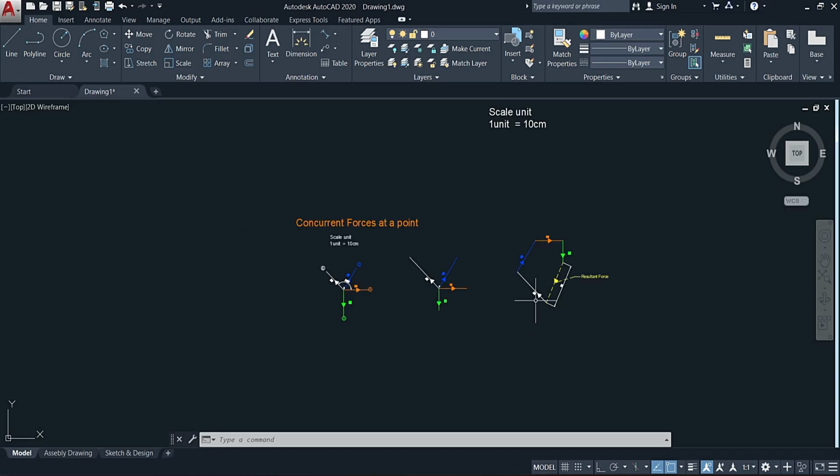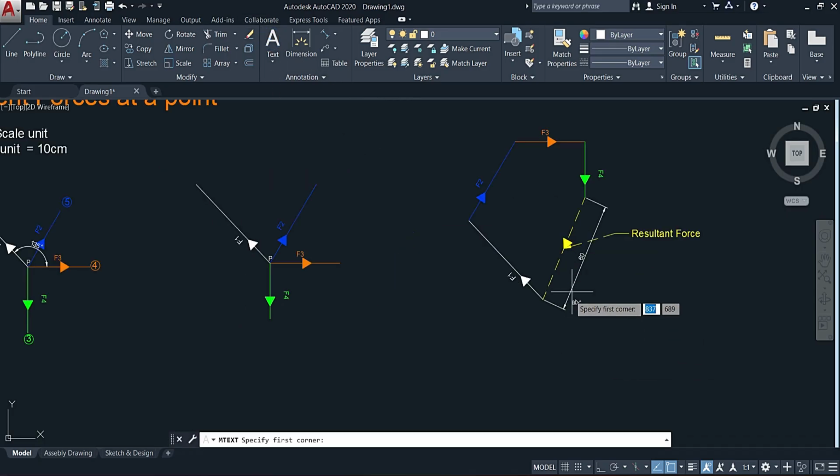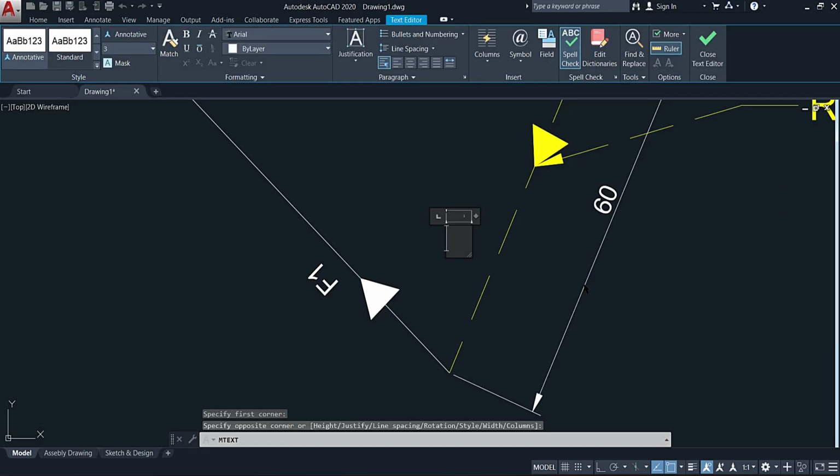Now, where are we going to put this? We're going to take this equilibrant here, and I should write equilibrant as well, because this force here is your equilibrant. And let me see if I can spell this correctly. Equilibrant. So this is your equilibrant force.